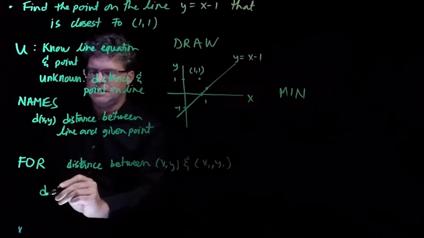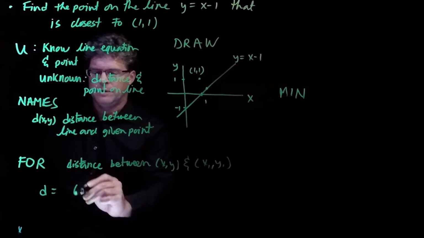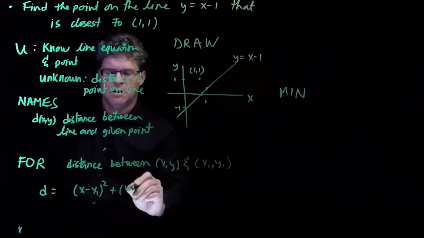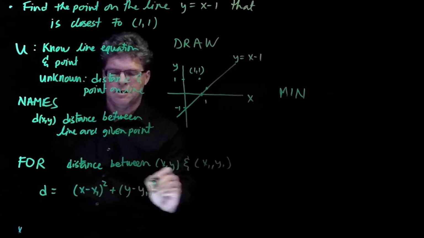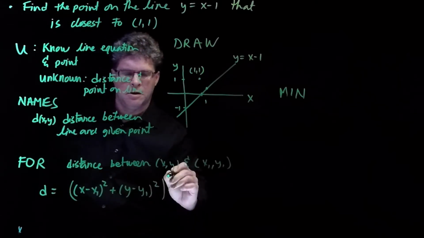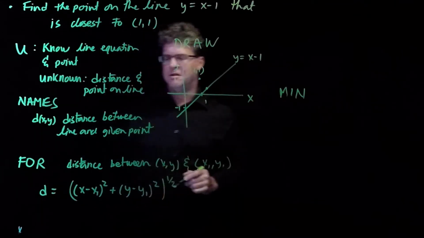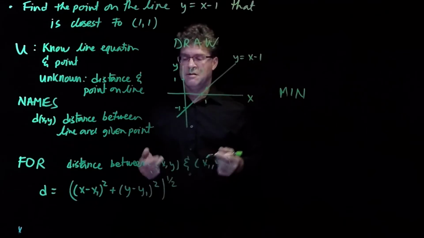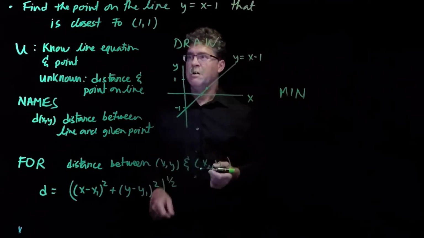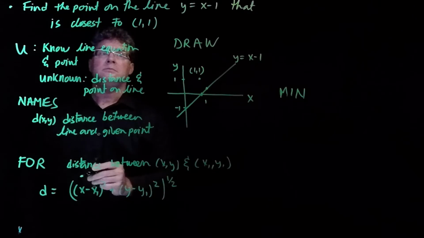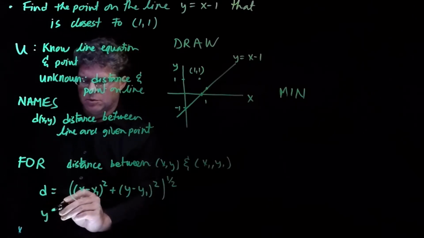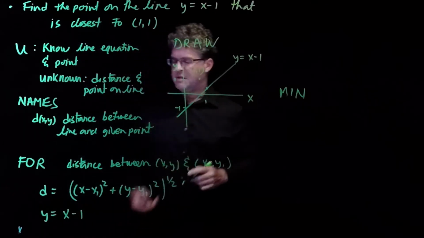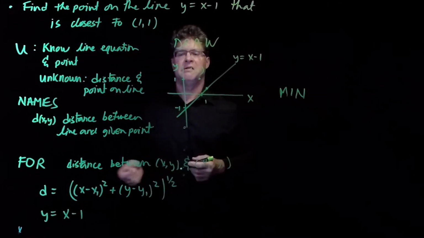That would be d is equal to the square root of x minus x1 squared plus y minus y1 squared. This is the distance formula, and we would like to minimize the distance. We also have the formula for the line, y is equal to x minus 1, and this describes the relationship between y and x.